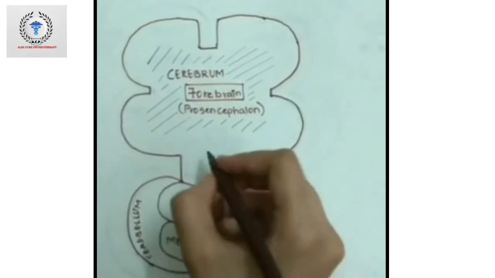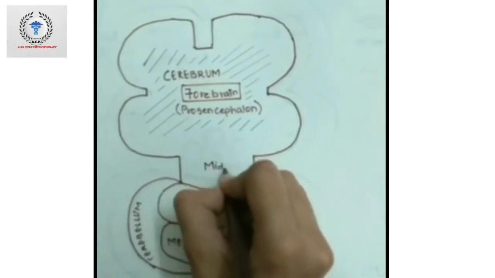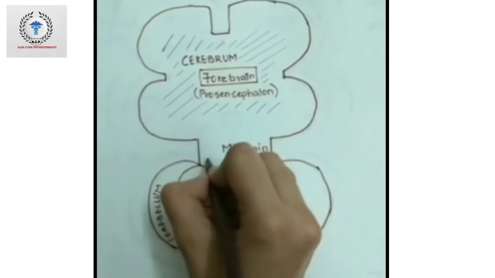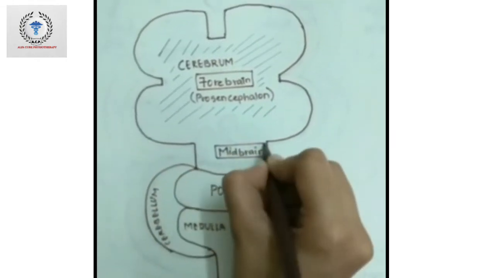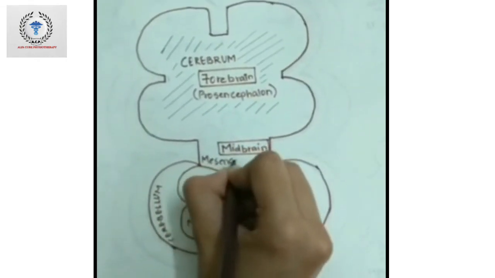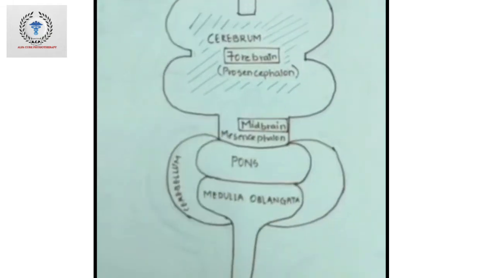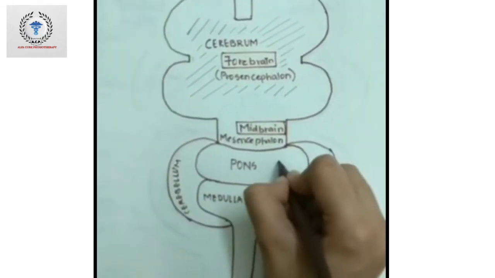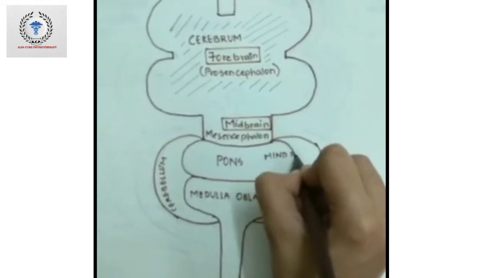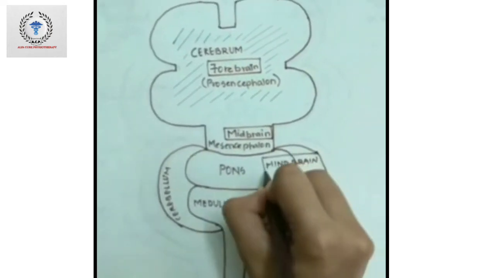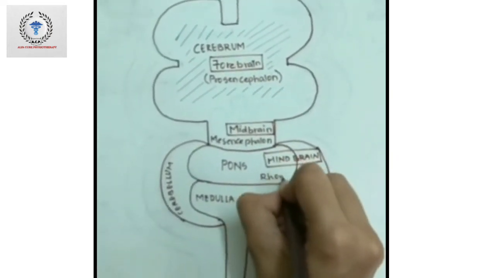The structure which connects forebrain to pons, medulla and cerebellum is called as midbrain or mesencephalon. Pons, medulla and cerebellum are together called as hindbrain or the rhombencephalon.